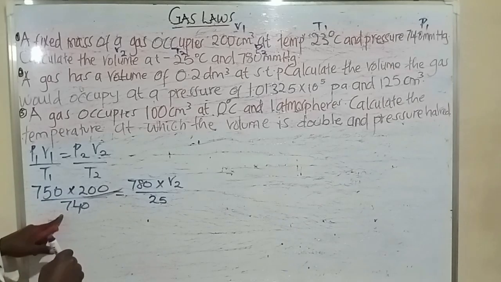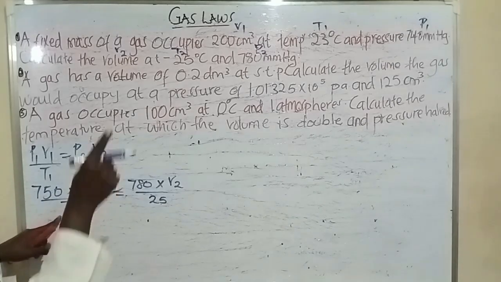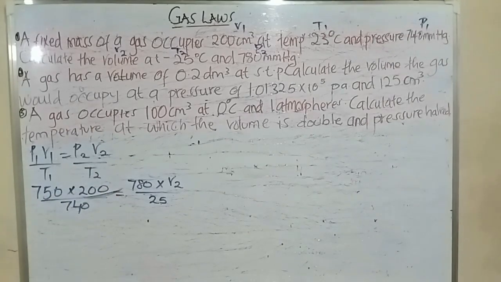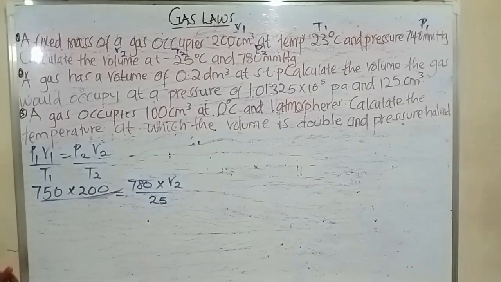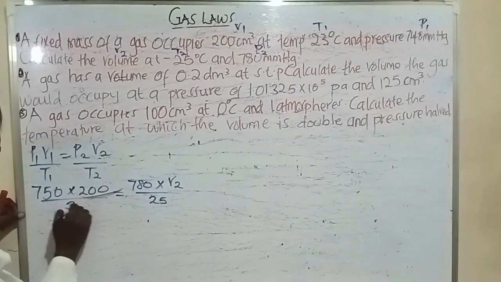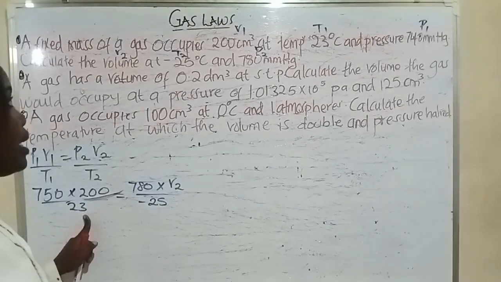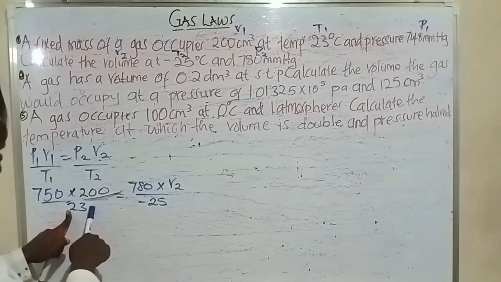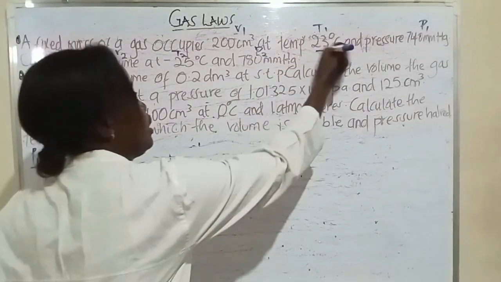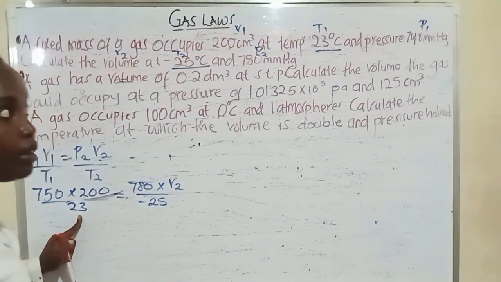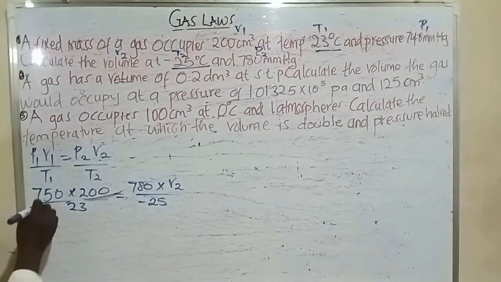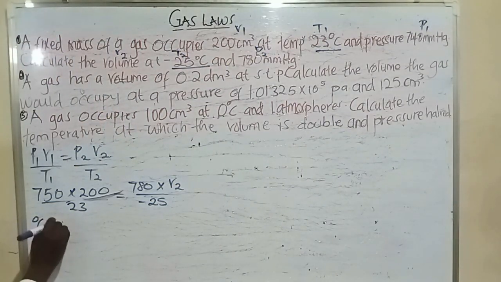What was our T1? Our T1 was 23 degrees Celsius. Now, we have to convert our temperatures, which are in degrees Celsius, to Kelvin. How do you do that? From degrees Celsius to Kelvin, you add 273.